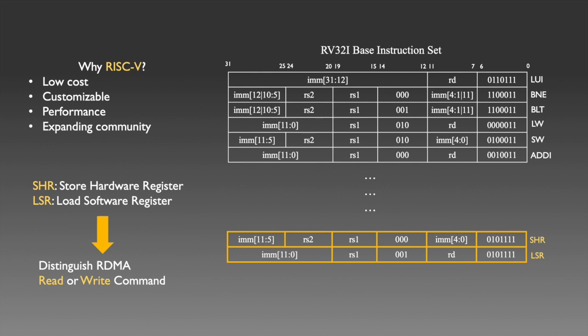The instruction load software register will load the read or write state into a software register to allow our processor to change the states in the state machine. By using these 2 special instructions, we can realize the bidirectional communication between kernel and FPGA to realize the function of the RDMA.